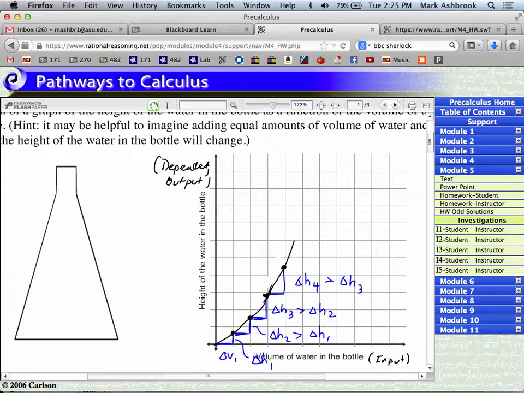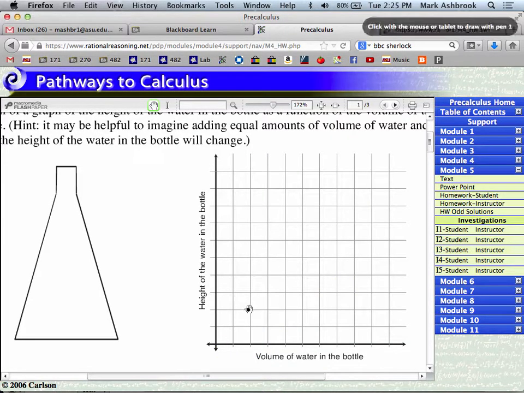So after 30 seconds, you shouldn't be drawing the bottle, okay? You're talking through the changes. So I'm first going to draw you the graph.